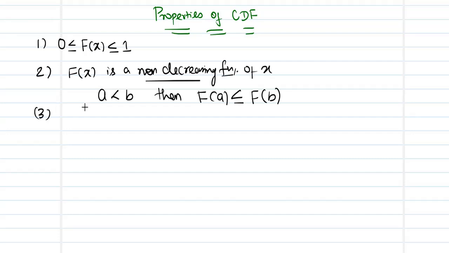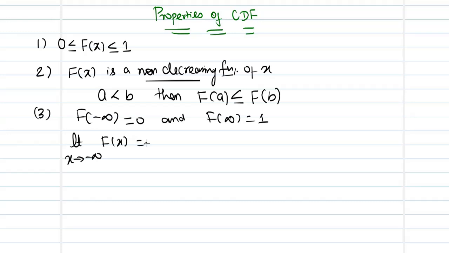Number 3, F of minus infinity is 0 and F of plus infinity is 1. We can also rewrite this as the limit as x tends to minus infinity of F of x is 0, and the limit as x tends to positive infinity of F of x is always 1.